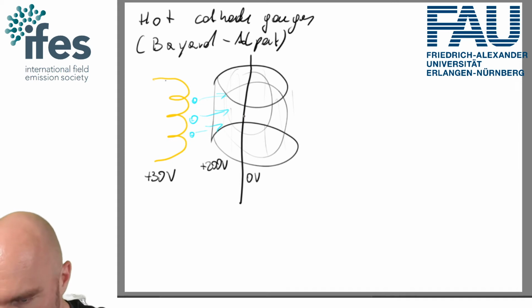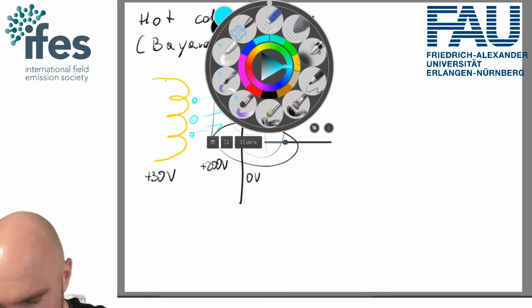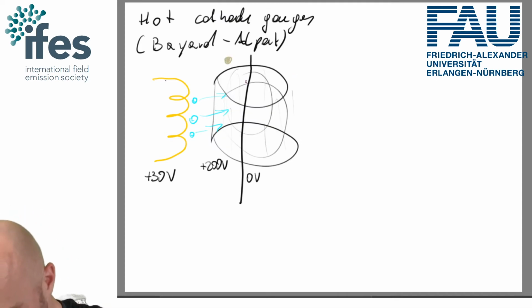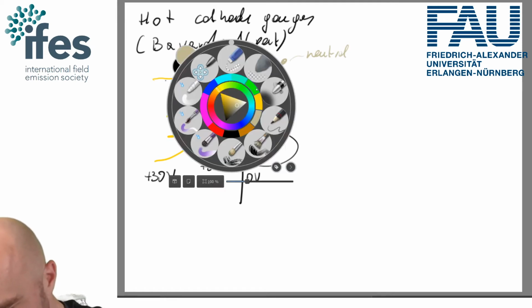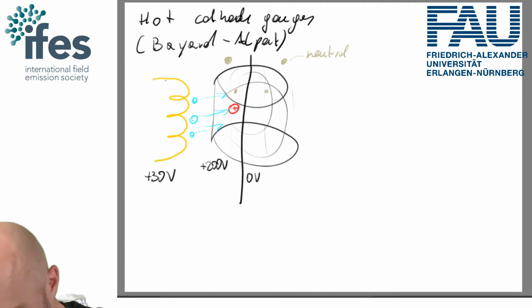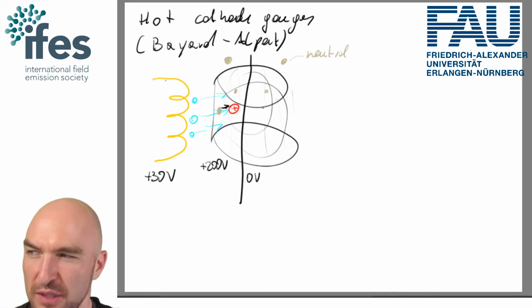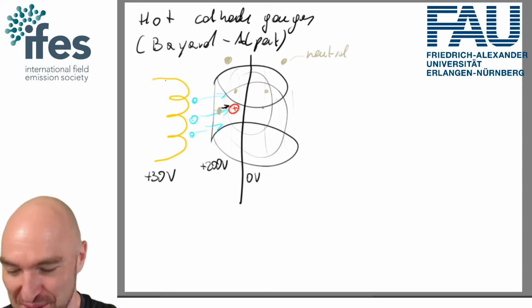If there is some neutral atom, and gray is a neutral color, so this is our neutral atoms, floating around somewhere in space, or neutral molecules, doesn't need to be, and if they get hit, then our neutral becomes positively charged just through impact ionization, Stoßionization. Sorry, I only know the word in German.